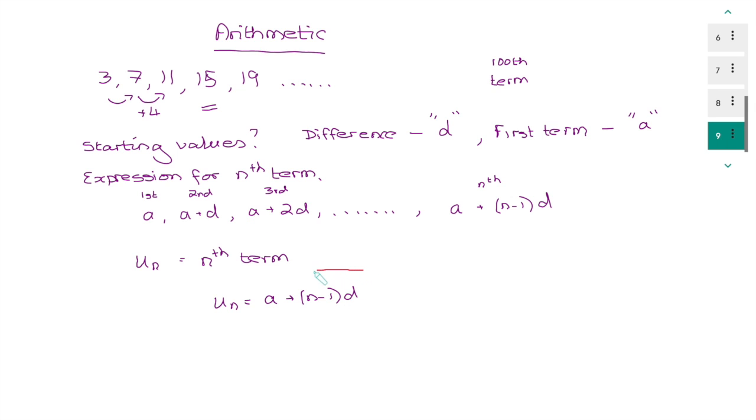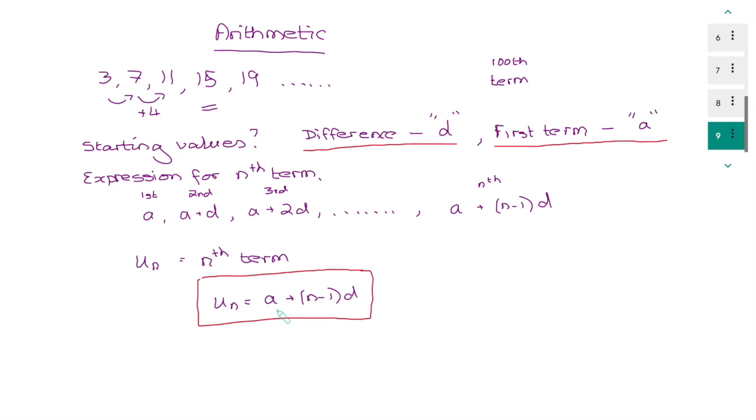So you should be able to just create this every time you need it. So remembering here we've got the difference is D and the first term is A. So that gives us this.